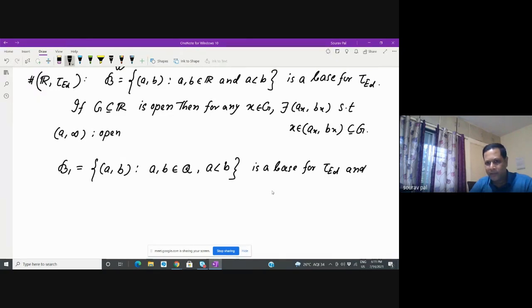And we have that B1 is properly contained in B, because, given any open set, you can find a member from this collection, an open interval with rational endpoints, such that this will happen, right?